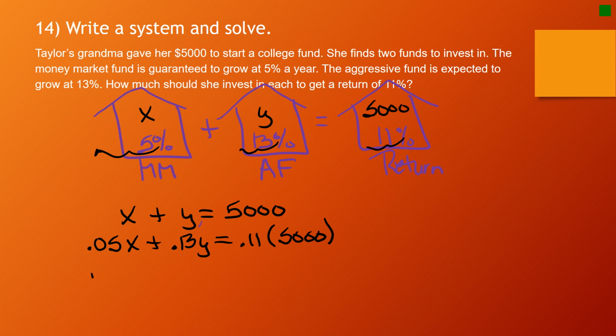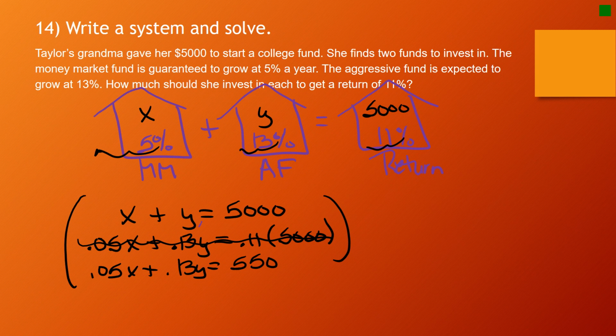So I'm just going to tell you this one comes out to 0.05x plus 0.13y equals 550. Okay? I'm going to run out of room here, so I'm going to kind of ignore that one right now. I'm going to multiply the top by 0.05 and the bottom by -1. So I have 0.05x plus 0.05y equals 250.